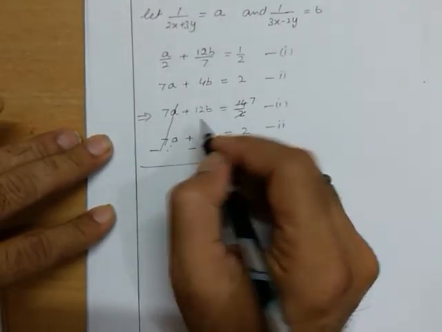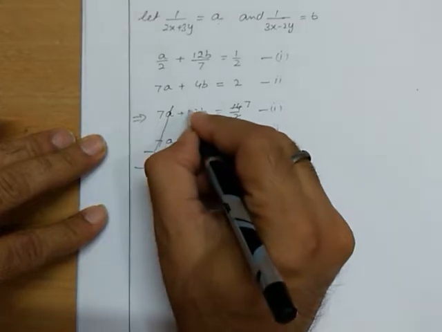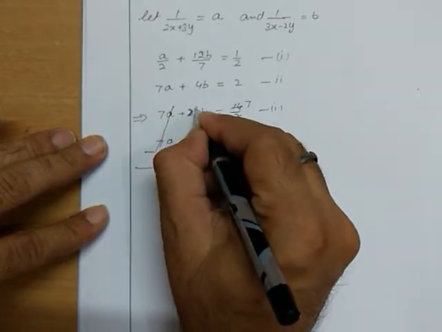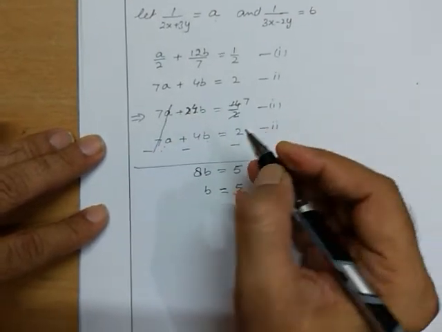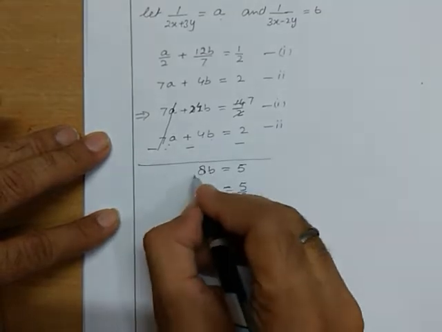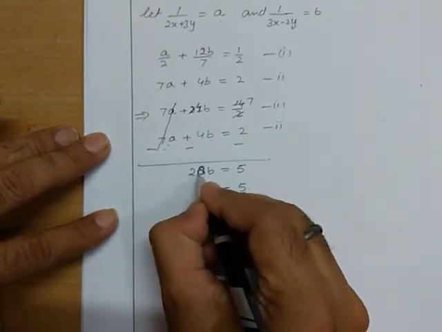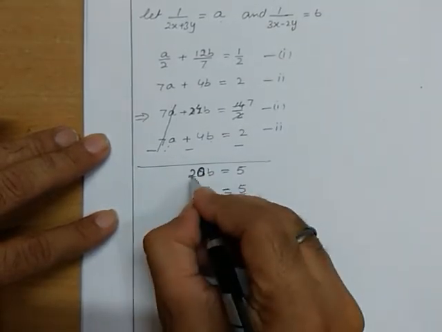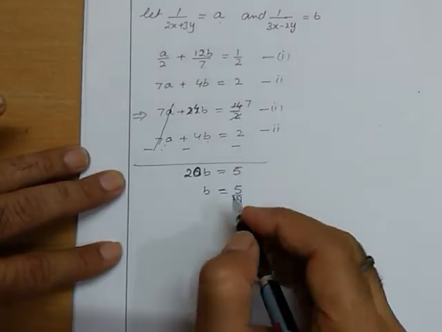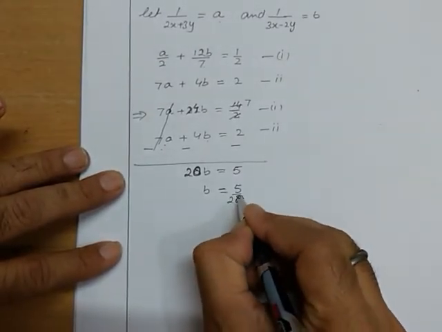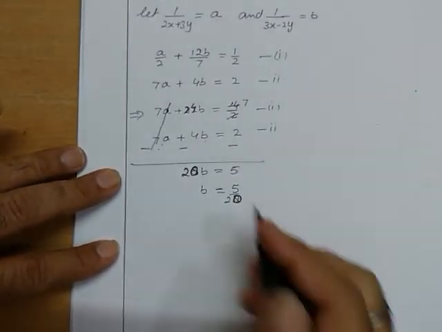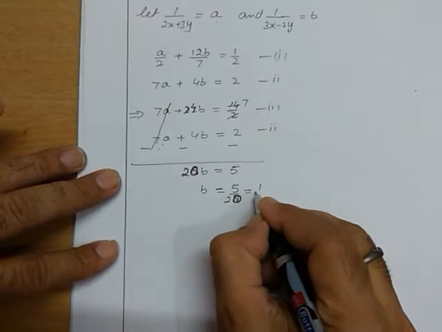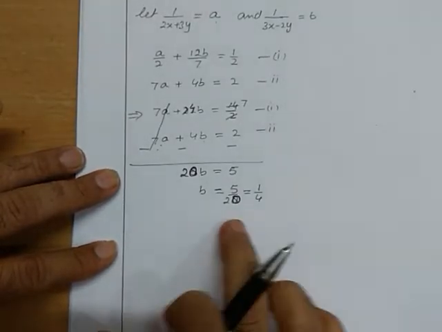Here it will be 24 instead of 12. So this will become 20b, and here this will become 20, and we get b equal to 1 upon 4. Here we have got 1 upon 4.